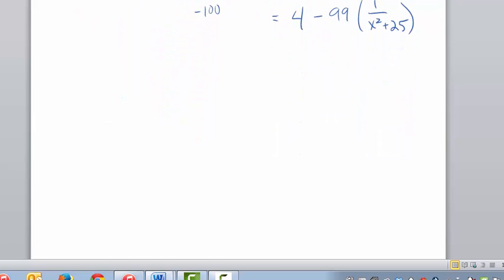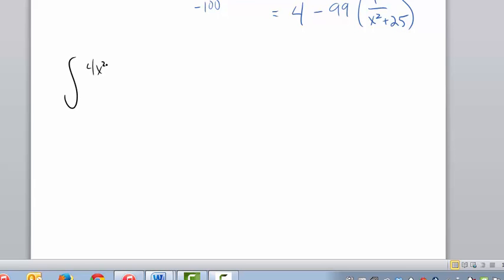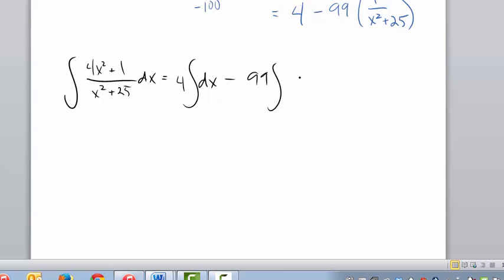Now I can integrate. Okay, so now what I want to do is find the integral of 4x squared plus 1 over x squared plus 25 dx, which is equal to the integral of 4 dx minus 99 times the integral of 1 over x squared plus 25 dx.